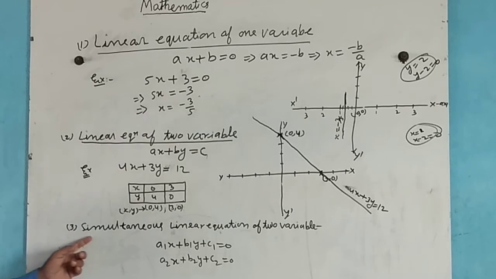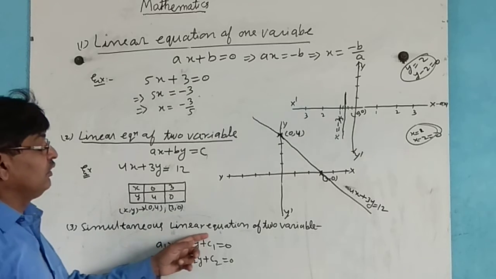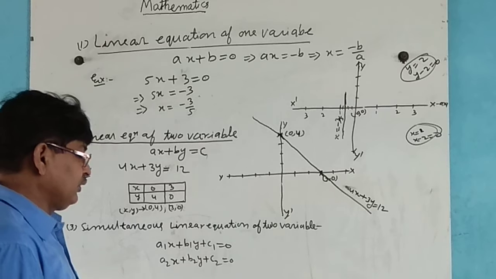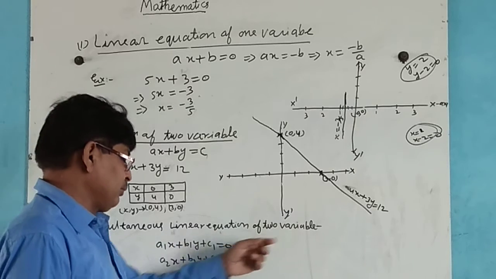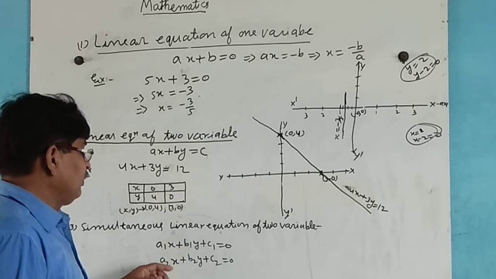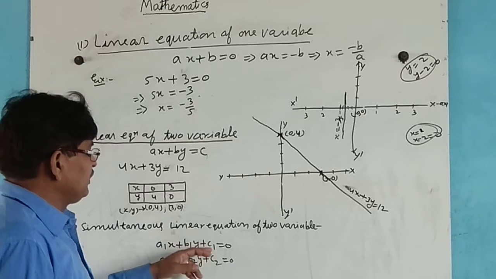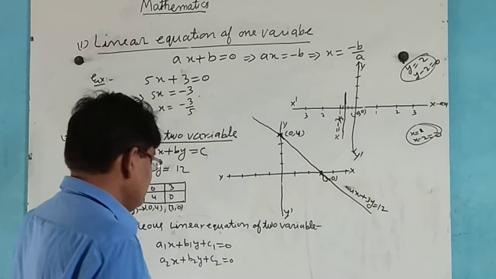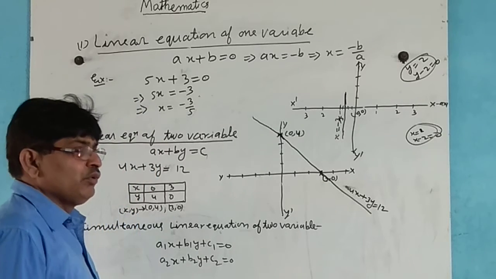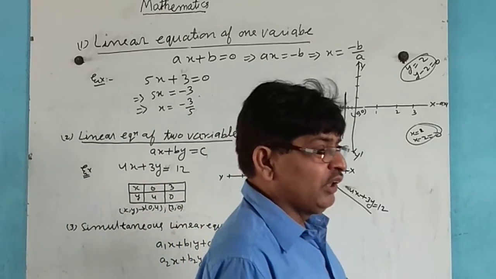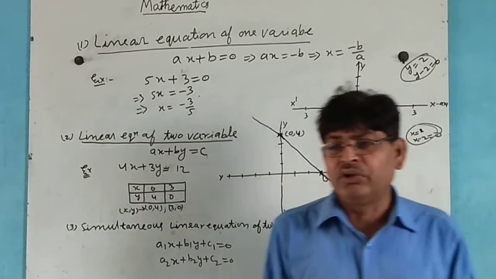Third, simultaneous linear equations, that is, double equations with two variables. First, x and y are the variables, and here a1, b1, c1, a2, b2, c2 are the constant terms. Such type of equations we solve with the help of algebra as well as with the help of graph.